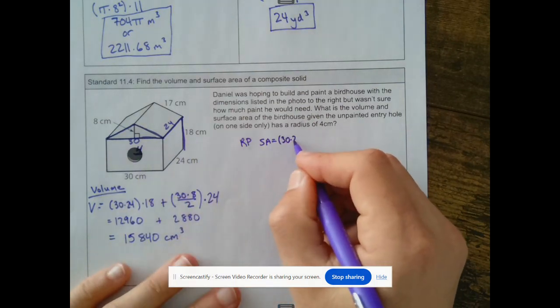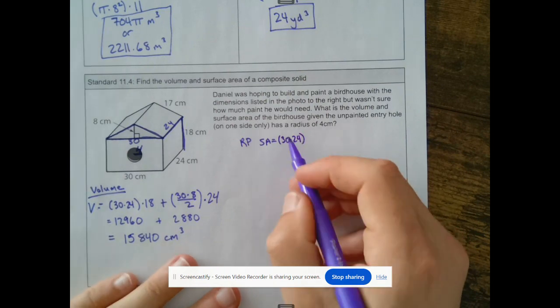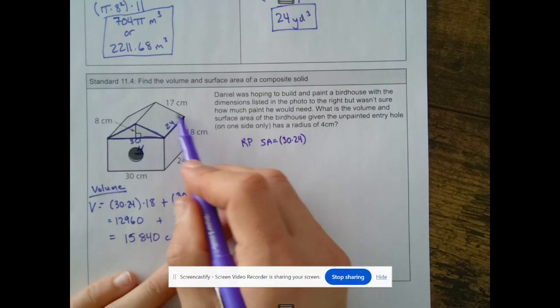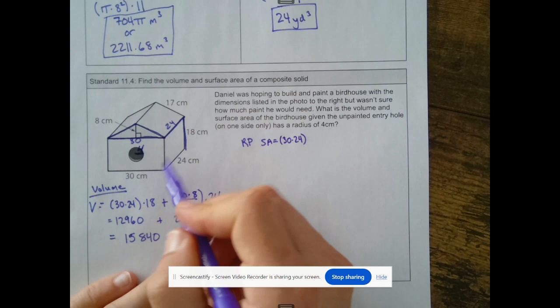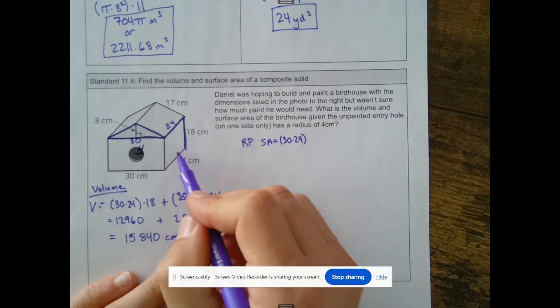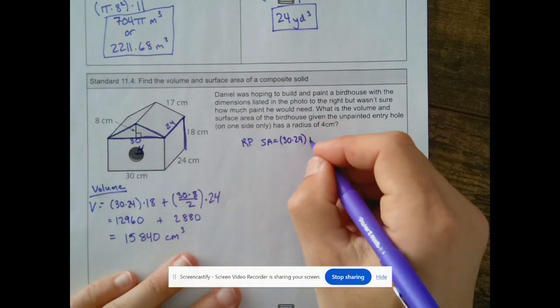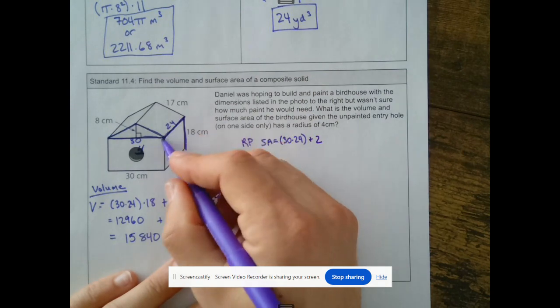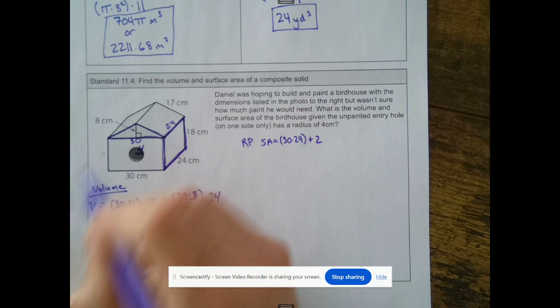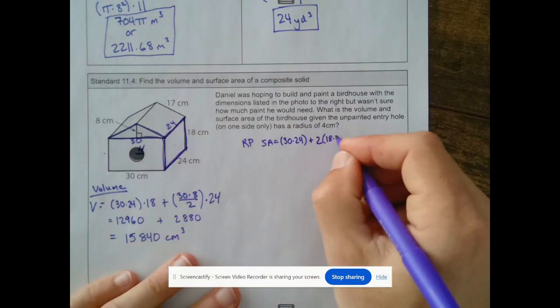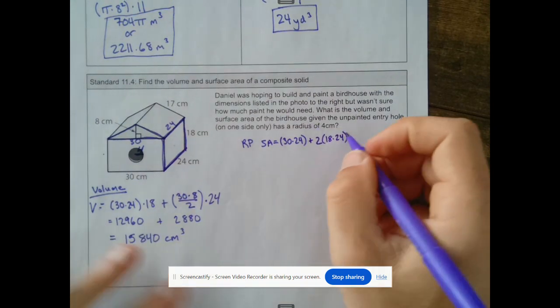Now I only have one base area. Why? Because the other one's covered up by the roof. So I'm not painting it. I only have one 30 by 24 face. Then I can see there's 2 of these 18 by 24 faces. There's one here and one on the back side. So 18 times 24.